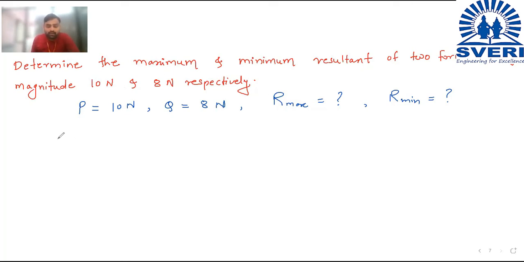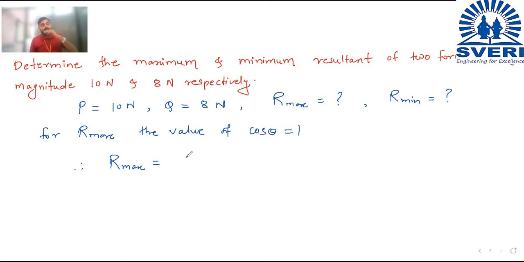So here I will write, for R max, the value of cos theta should be 1. The value of cos theta is equal to 1. Therefore, R max is equal to... now since we are solving the problem here, I am writing each and every step.